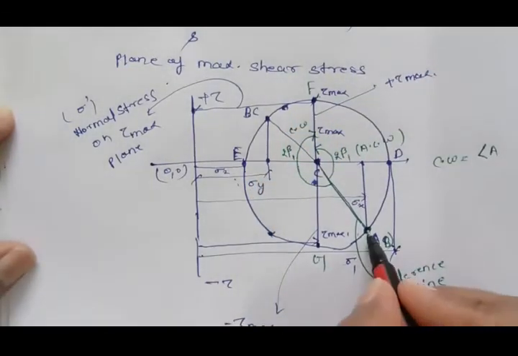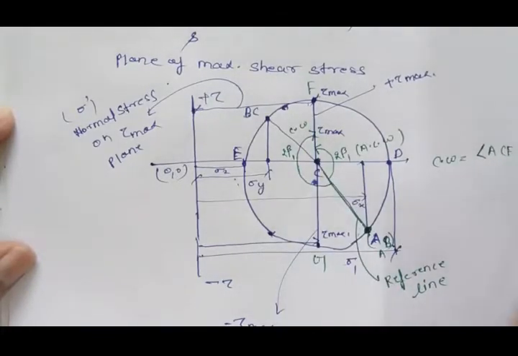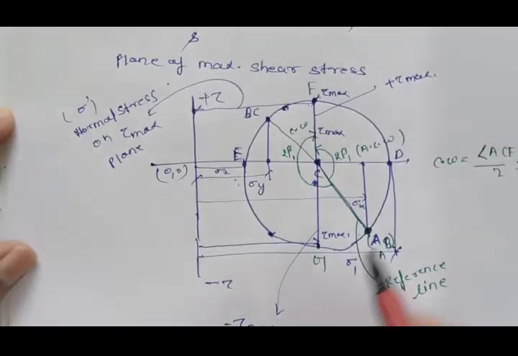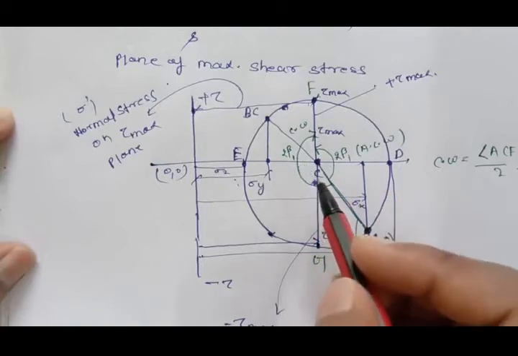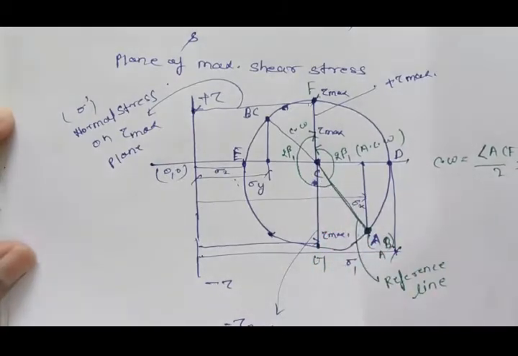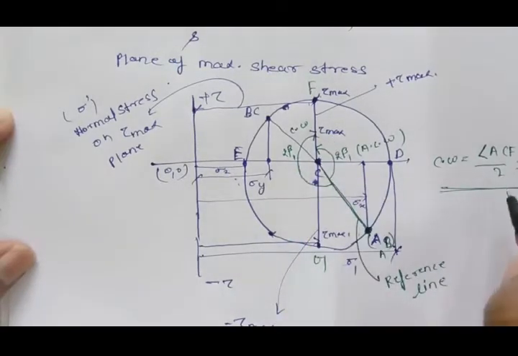So angle ACF by 2 is equal to beta 1. So every angle in this Mohr circle will be doubled. So to write the answer, you have to go in this manner: take this angle, divide by 2 and give the value of beta 1.